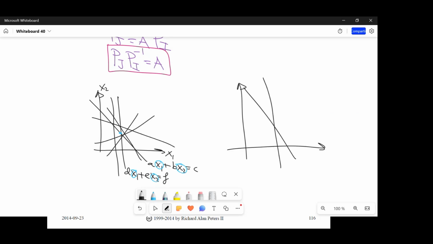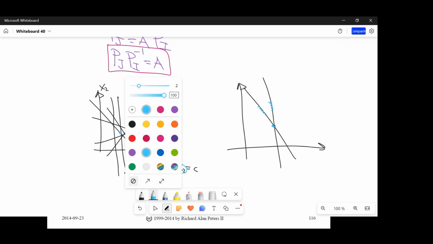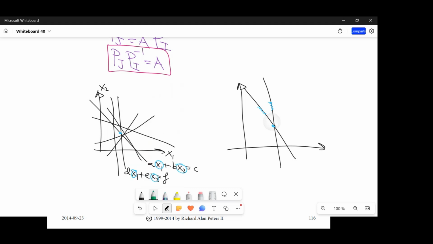When you say the solution of that equation system, what you are saying is this point belongs to this line, and this point belongs to this line. And so I have found a point that belongs to both lines. What about this one?